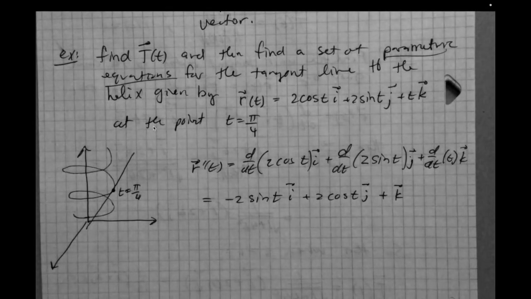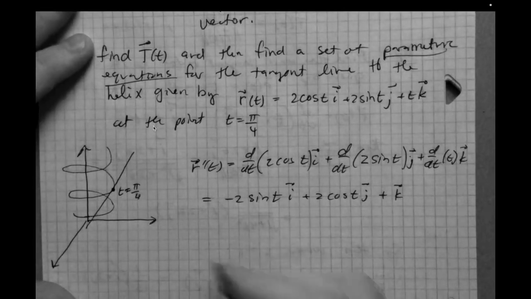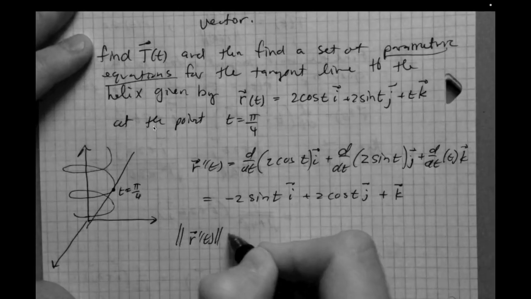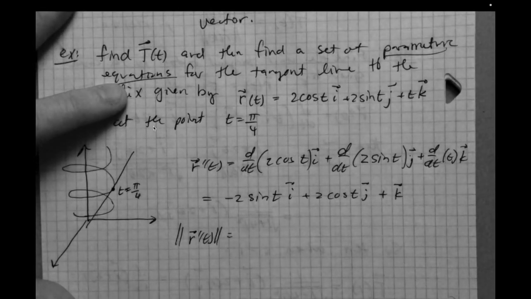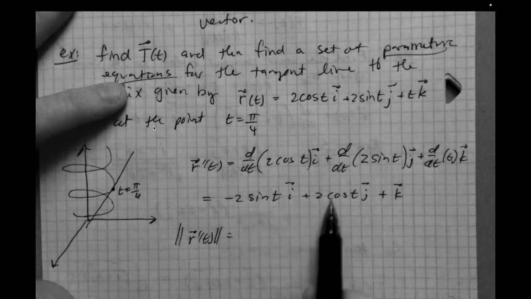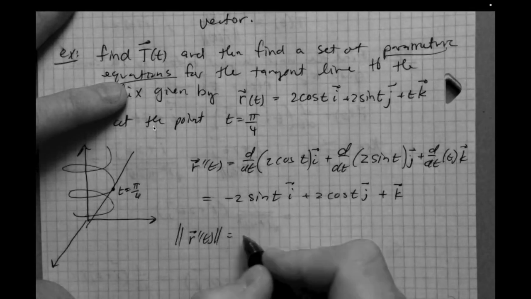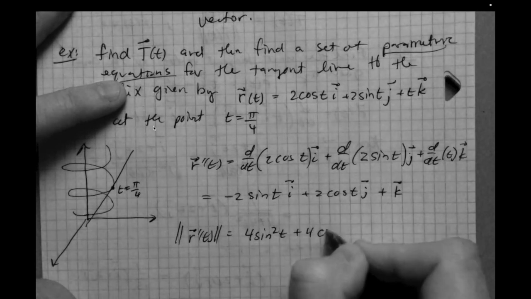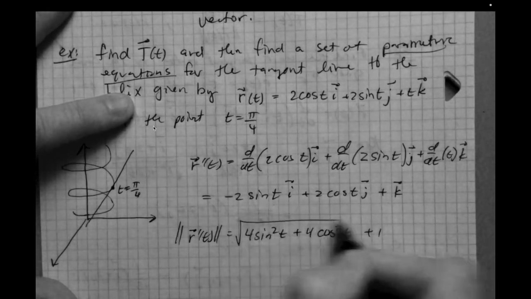Next, we'll need the norm of the derivative function, and that's basically going to be square that plus square that plus square that. So it'll be 4 sine squared t plus 4 cos squared t plus 1.